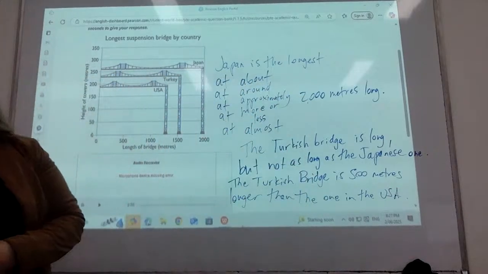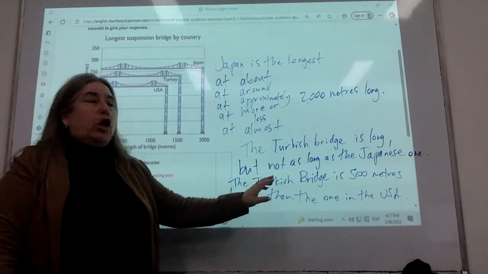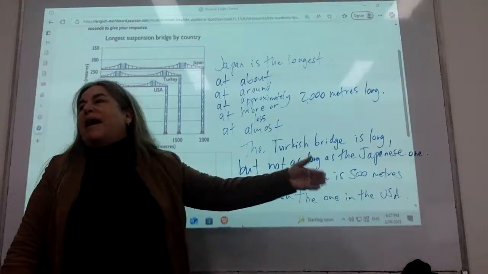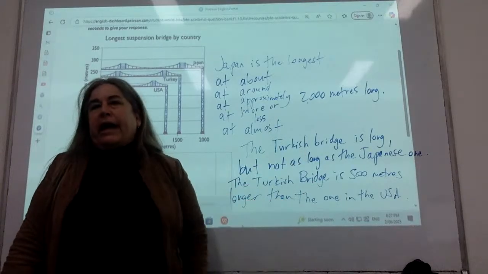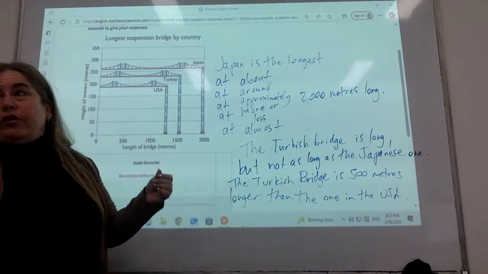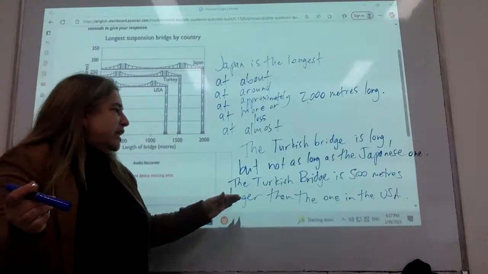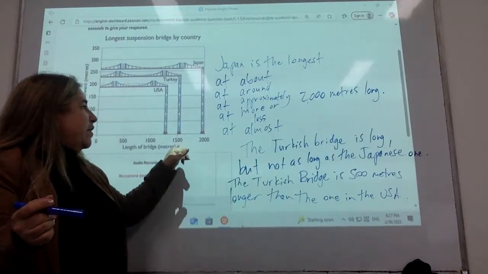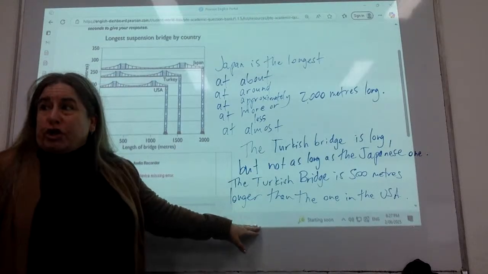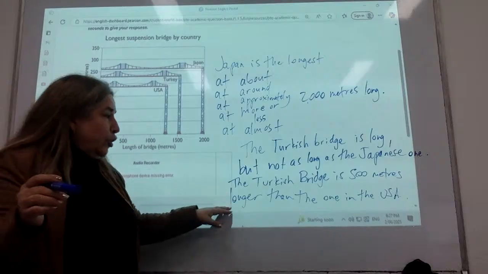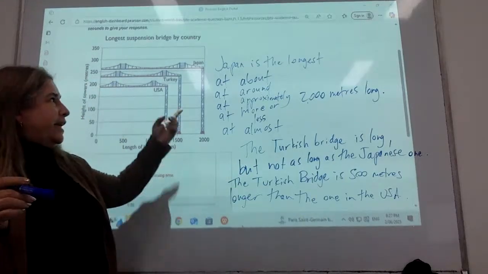Or if not, you would have to say longer than the American one. But if you do less, then of course you would say the Turkish bridge is 500 meters shorter, not less, shorter than the one in Japan.